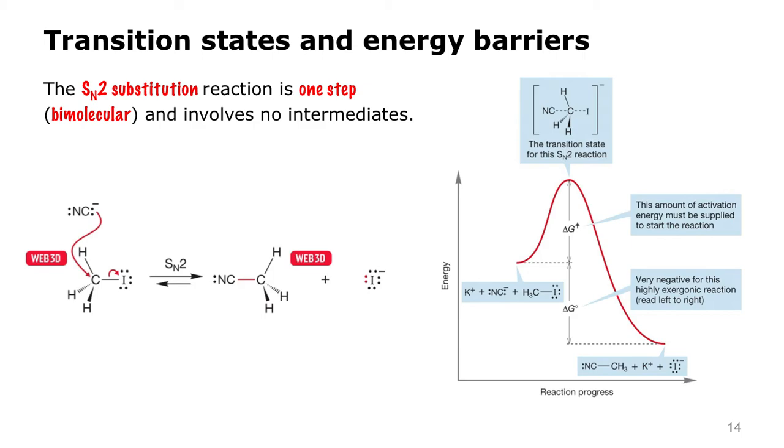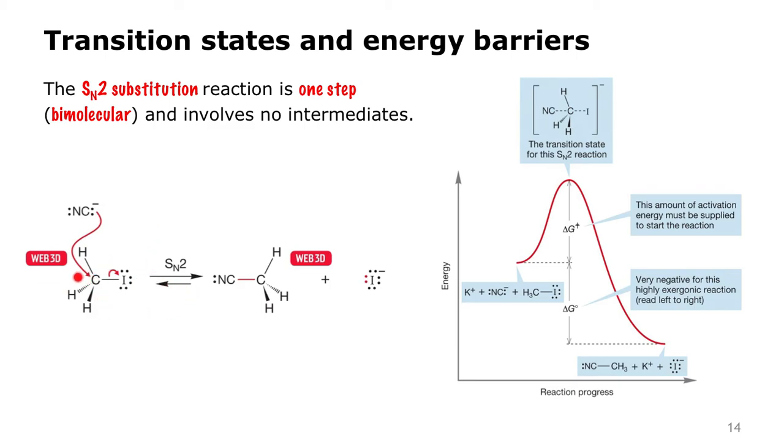So what is it that creates the energy barrier? In this case, it turns out to be both a combination of enthalpy and entropy. It turns out there's a very specific requirement that this nucleophile attack the carbon as it's shown from this side of the molecule. There's a direction that it must approach. It can't approach from this side or over here or from there.